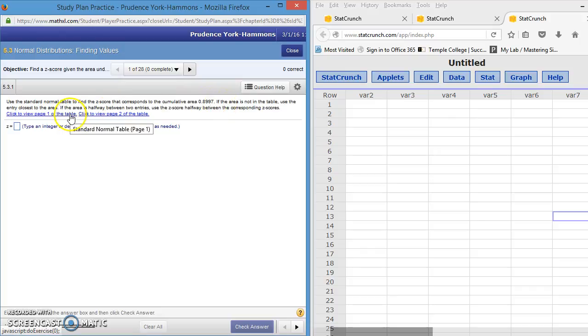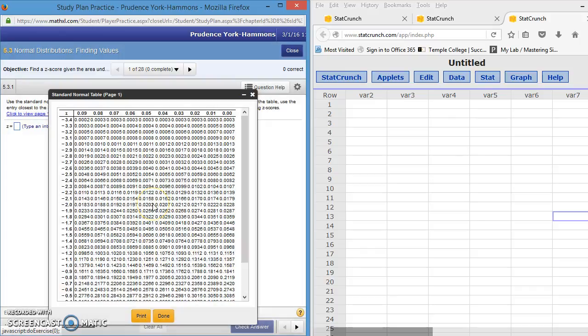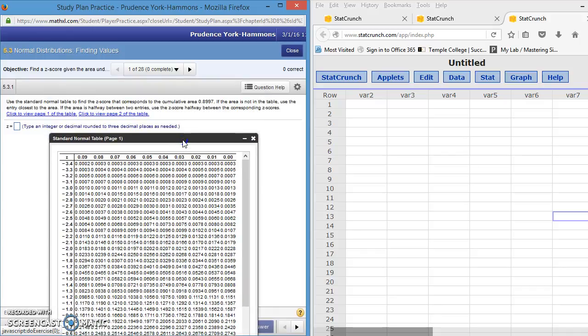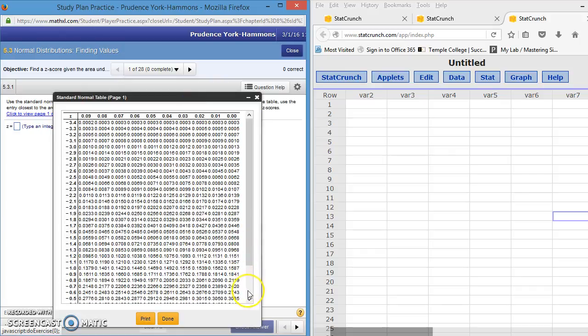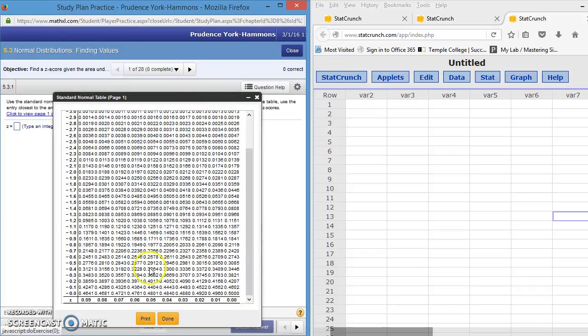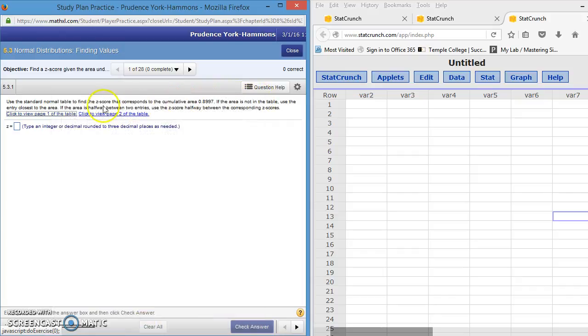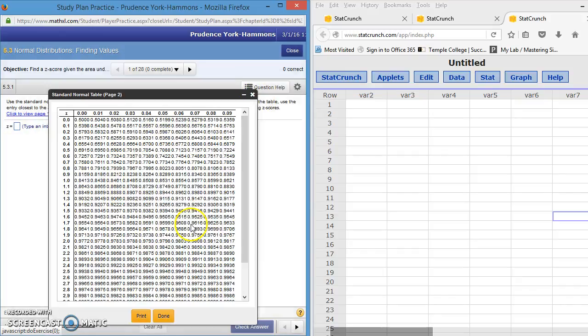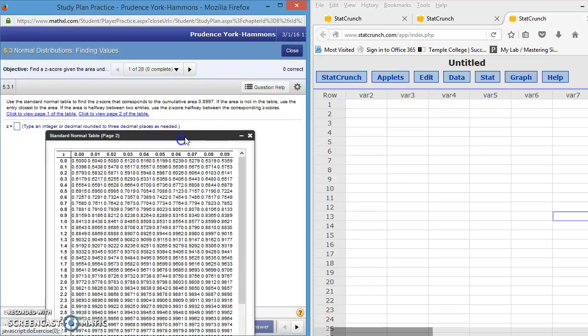So if you were looking at the table, much like you did in Section 1 and 2, we would have to find that area somewhere in this table. Like this particular one, page 1 doesn't have it. So you'd have to look at page 2, and you'd have to look for the 8997.